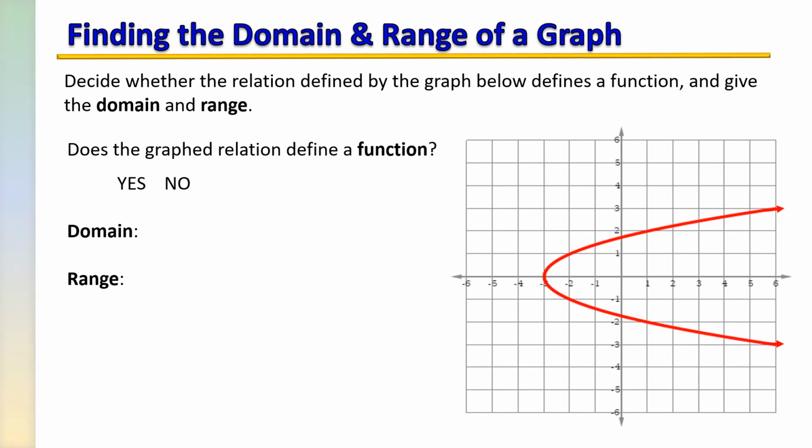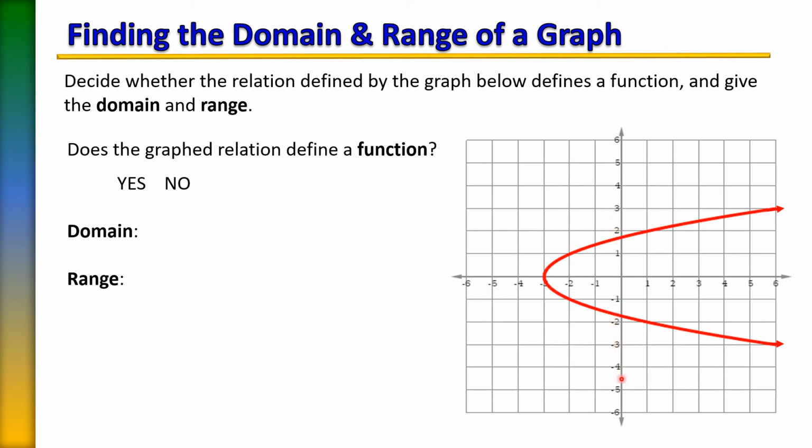In this example, we're asked to determine whether this graph is a function and then find the domain and range. So recall, to determine whether it is a function, we can do the vertical line test, which is to draw or imagine a vertical line through each part of your graph.